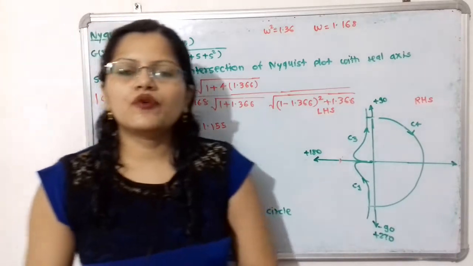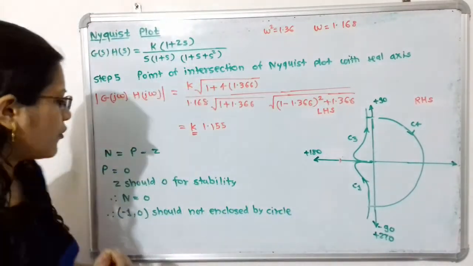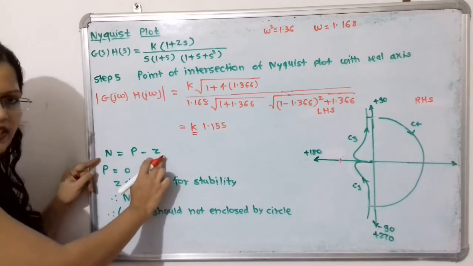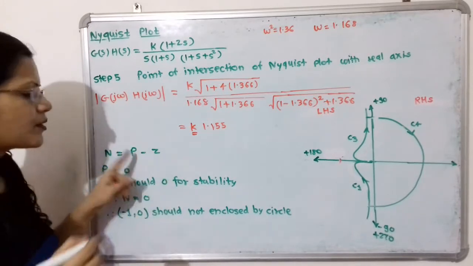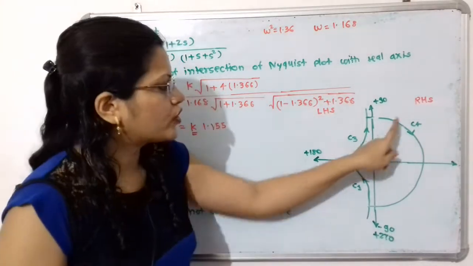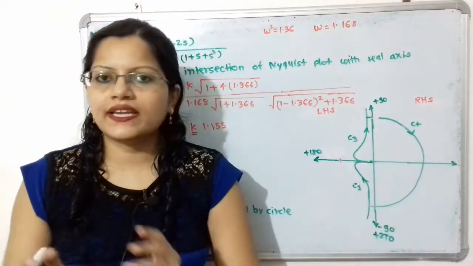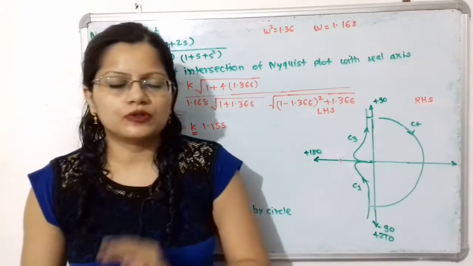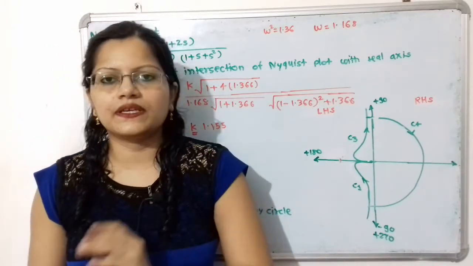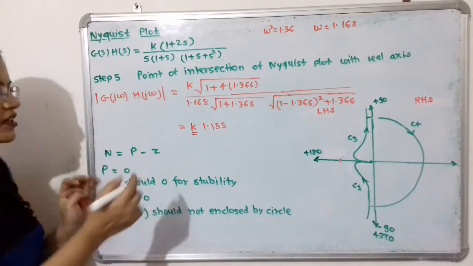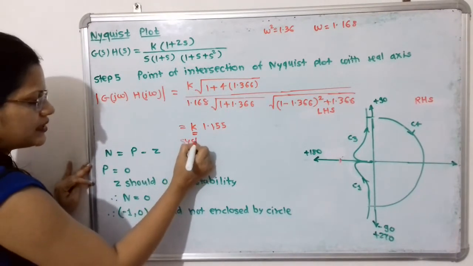And if we move for the formula for stability, then formula is N is equal to P minus Z, where P is the number of open loop poles on the right hand side. So on right hand side there are no open loop poles. So we can say that the value of P is equal to 0. Now what is the condition? Condition is system is to be stable.